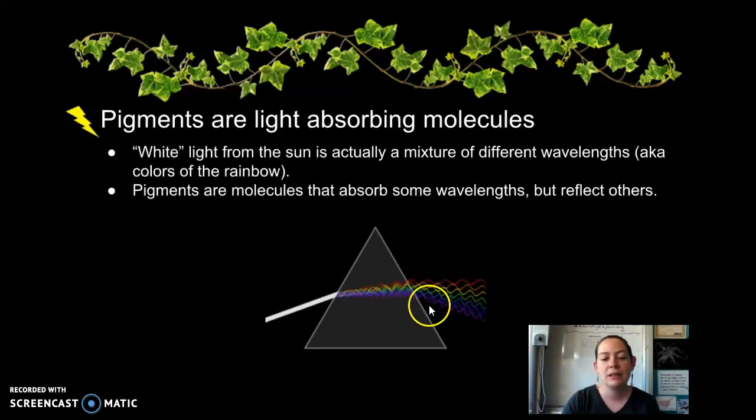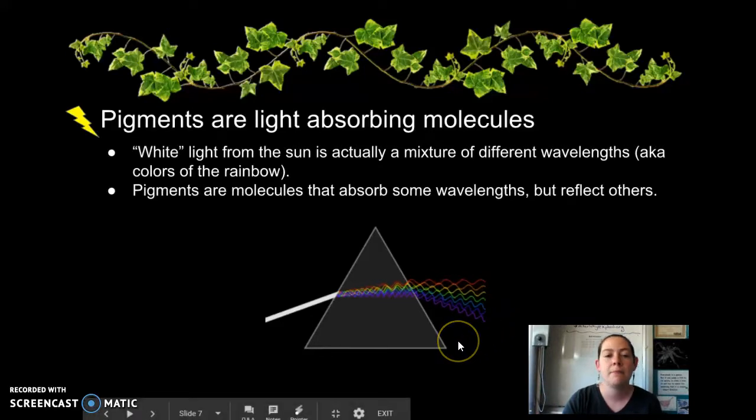And when it goes through a prism, or when it goes through the water up in rain clouds, right, making a rainbow, these wavelengths get split depending on how long they are, so we can see them as distinct bands of color. What's cool about a pigment is that they absorb some of these wavelengths, some of the colors, but not all of them.